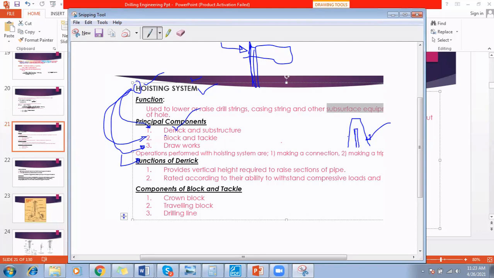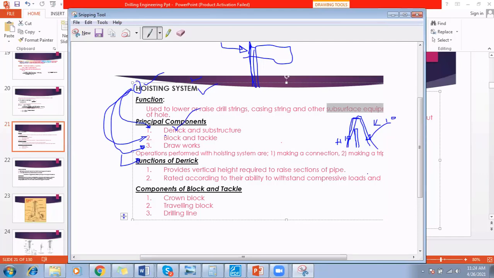For example, if the height of the pipe is 10 feet, surely the height of the derrick will be more than 10 feet. So you can see that the height of the derrick is controlled with reference to the height of the pipe. You can say that the derrick is providing a vertical clearance to the length of the pipe.